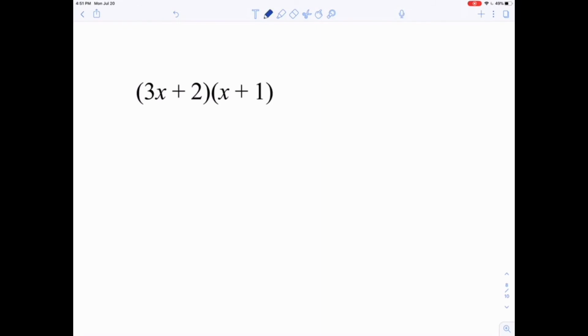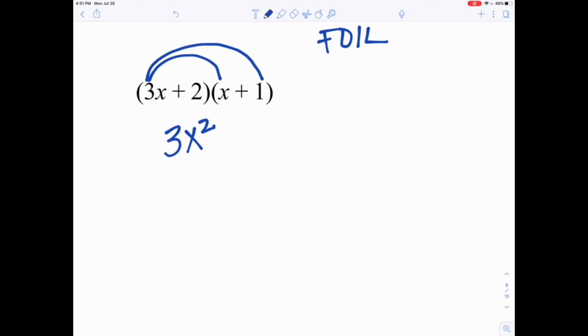So remember, it's FOIL. I'm going to write it here so we can remember. First times the first, 3x times x is 3x squared. Outer times the outer, 3x times 1 is just positive 3x. Inner times inner, positive 2 times x is positive 2x.